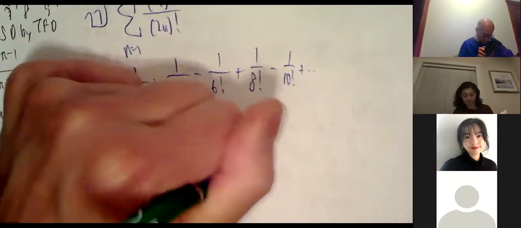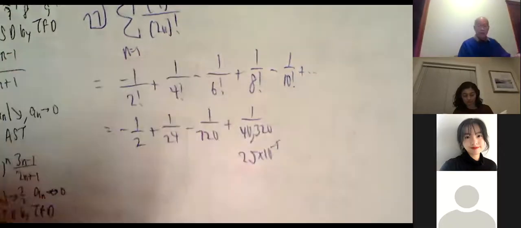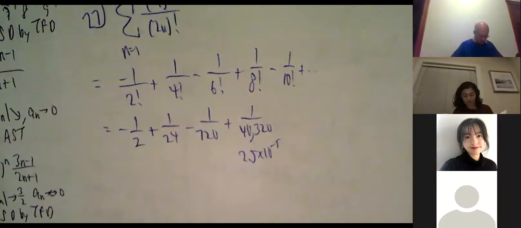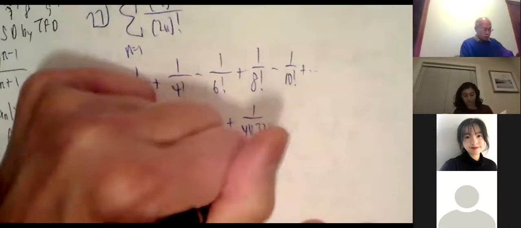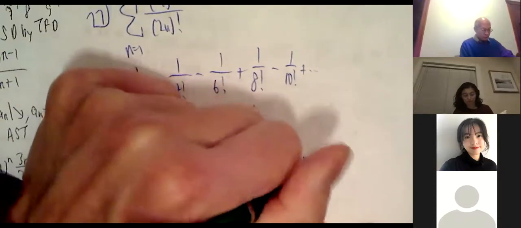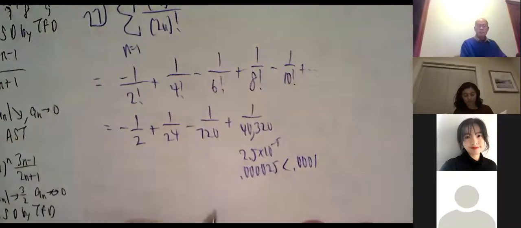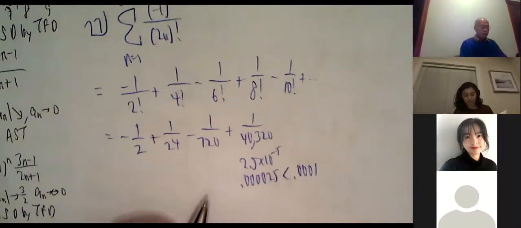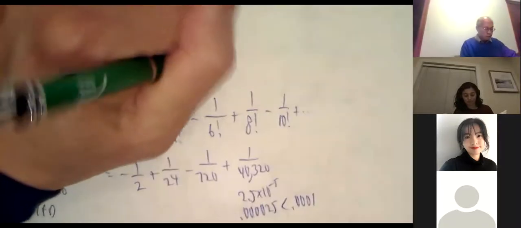This is 2.5 times 10 to the negative 5, that's 0.00025. That's less than 0.0001. So that's good enough, right? They want it to 4 decimal places.